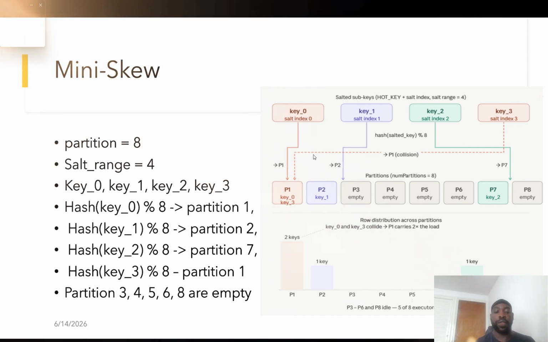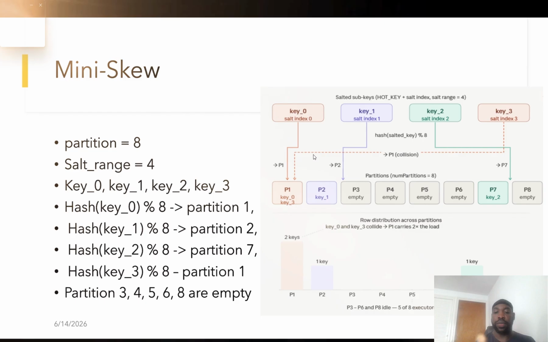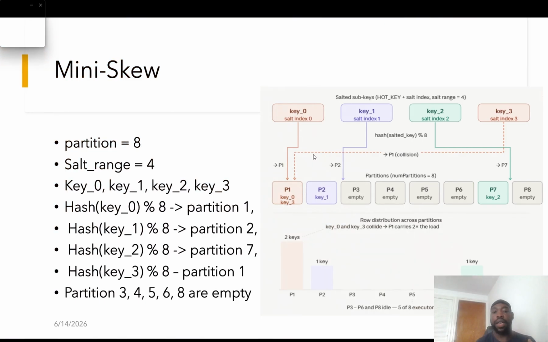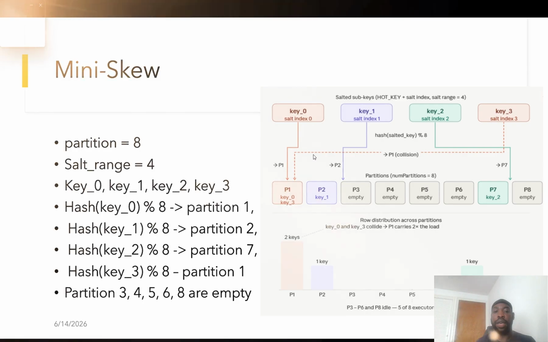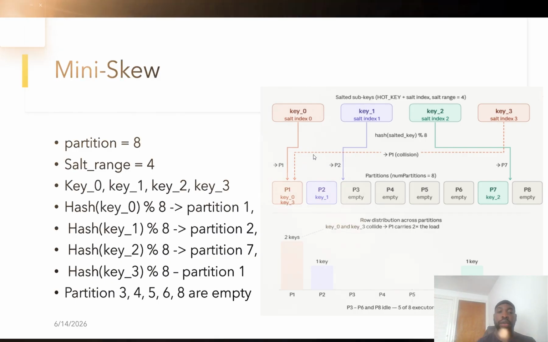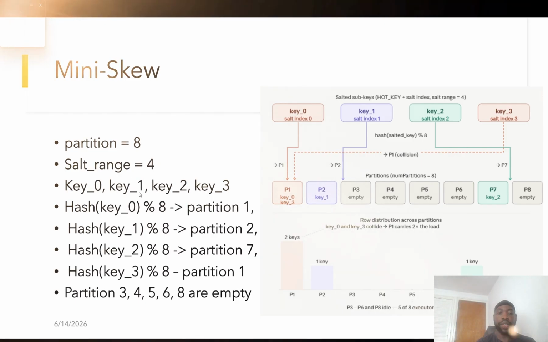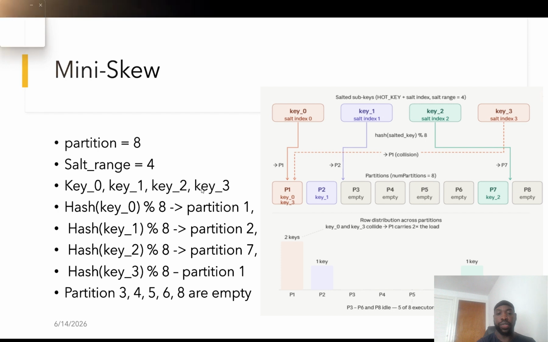use. If your salt range shares a factor with the number of partitions, that can create what we call mini-skew, right? So you can see here when you use a salt range of 4, you have hash keys from 0 to 3.